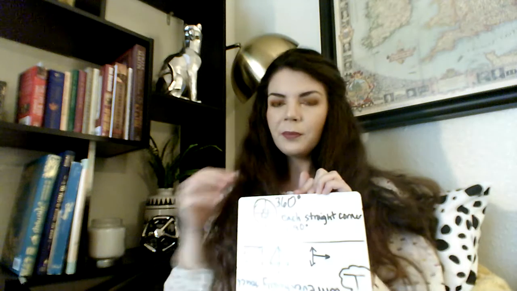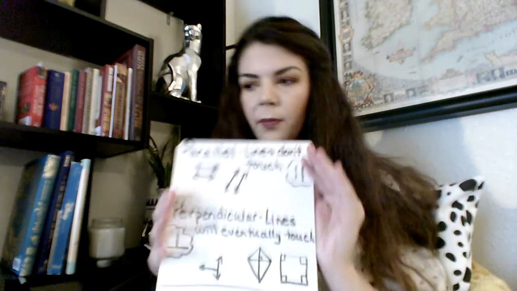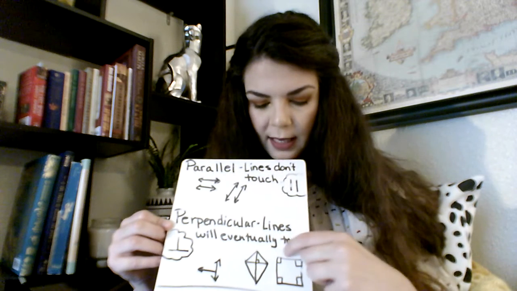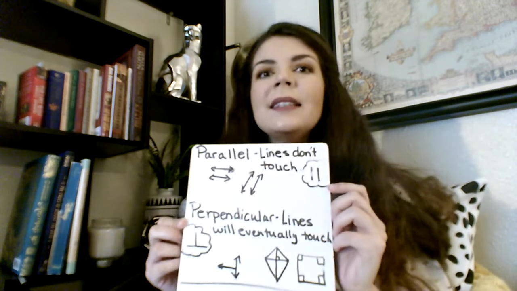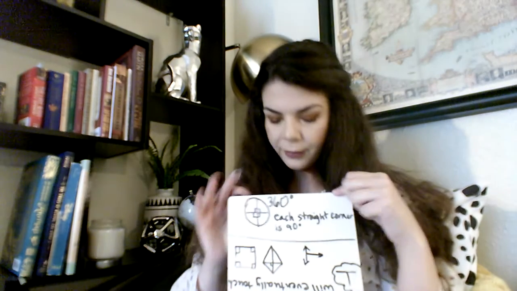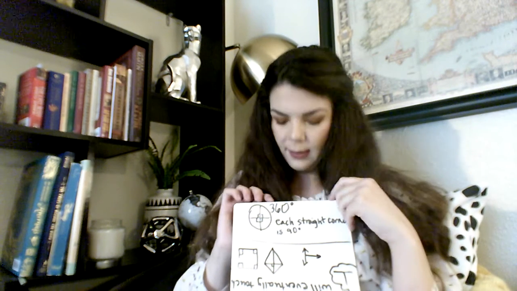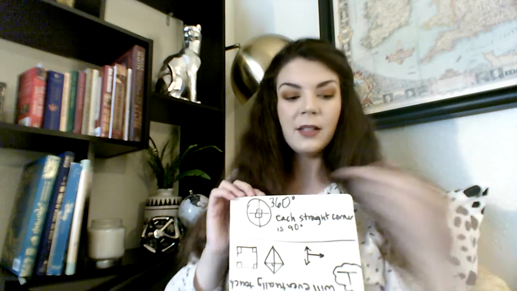You turn from this line on a box to this line. That is a 90-degree turn. So every circle has 360 degrees. Each straight corner is 90 degrees.